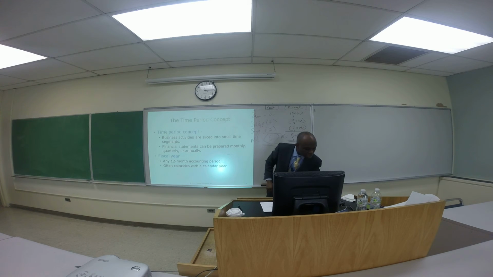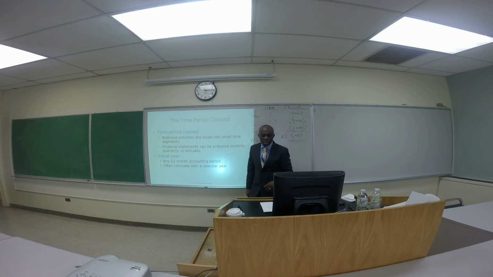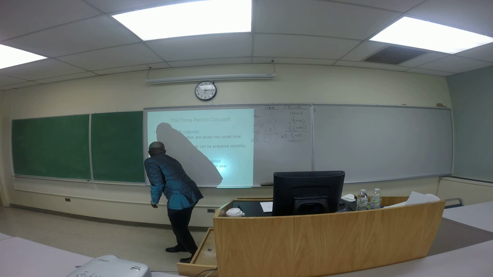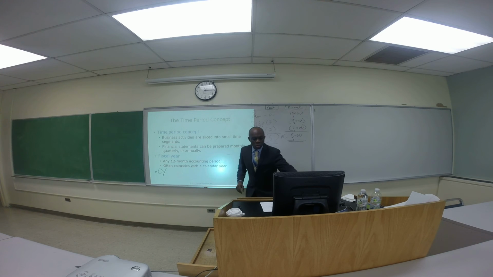Another important thing that you need to know here is the fiscal year. What does that mean? As a matter of fact, let me add another piece to this slide. We also have what you call calendar year. So here we are talking about the accounting year of a company. The accounting year of a company is either fiscal year or calendar year.